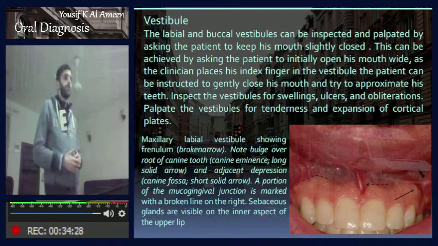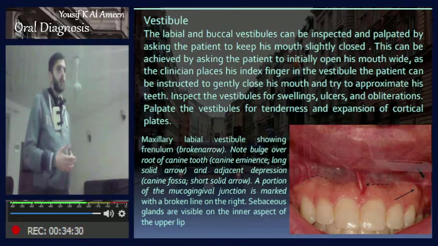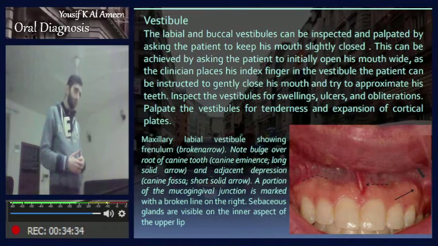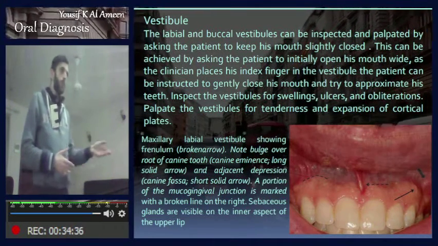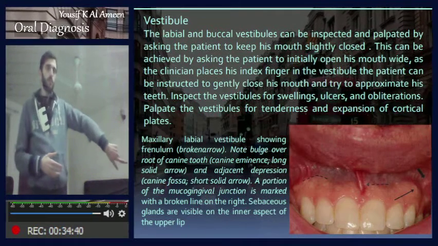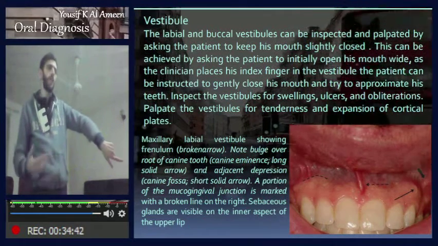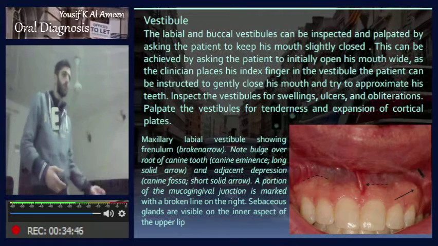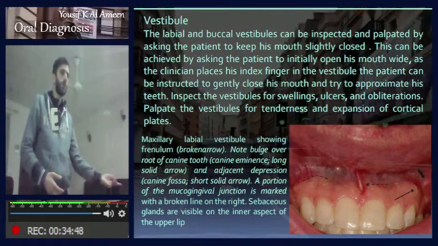Maxillary labial vestibule showing frenum, broken arrow. Note bulge over the root of the canine tooth, canine eminence, long solid arrow, and adjacent depression, canine fossa, short solid arrow.